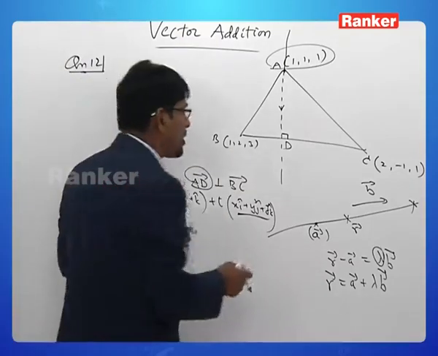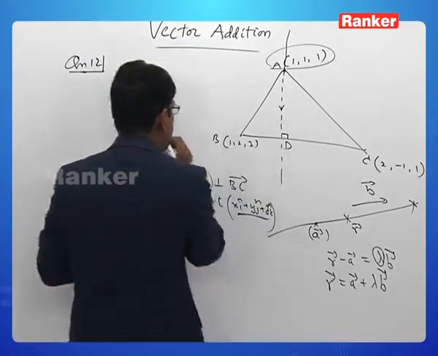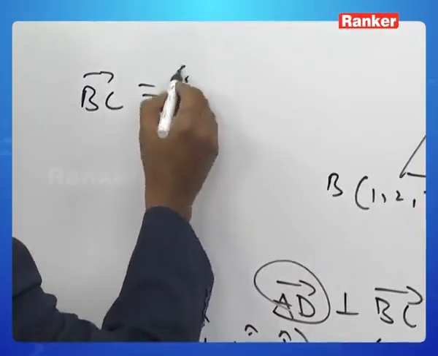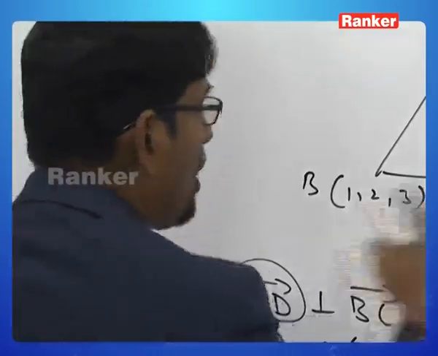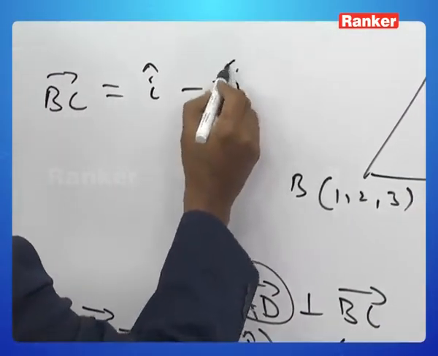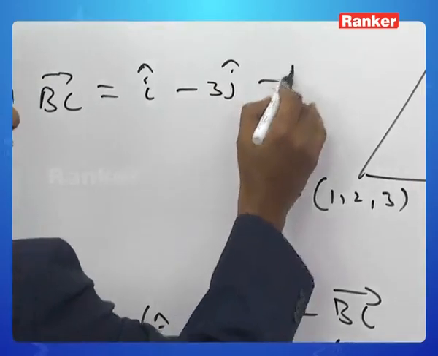What is that vector BC there? Let us write the BC vector. BC vector is the position vector of C minus the position vector of B, that is i cap minus 3j cap minus 2k cap.